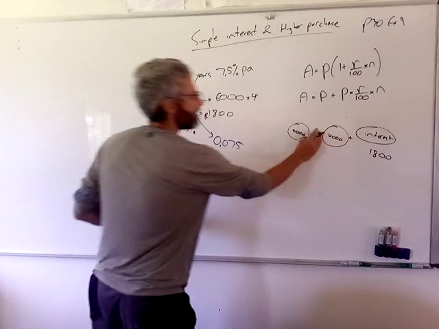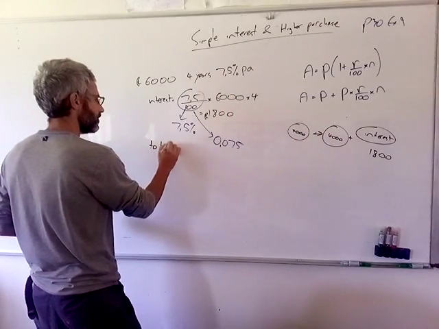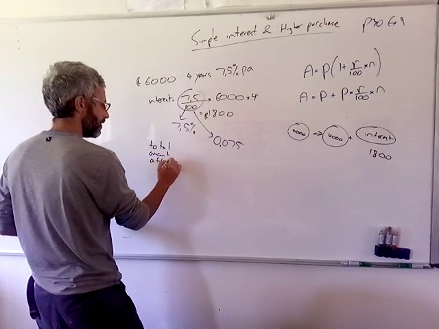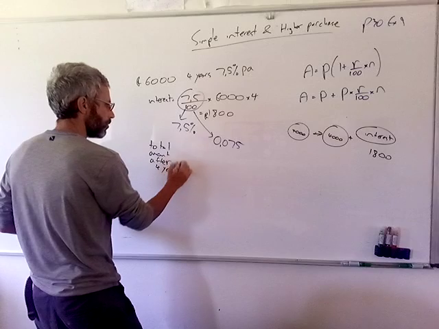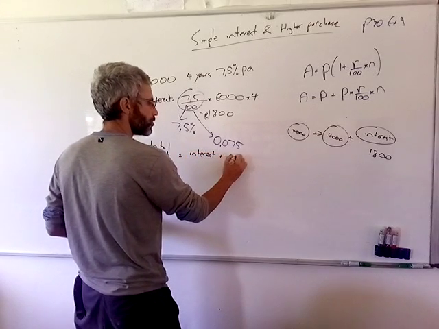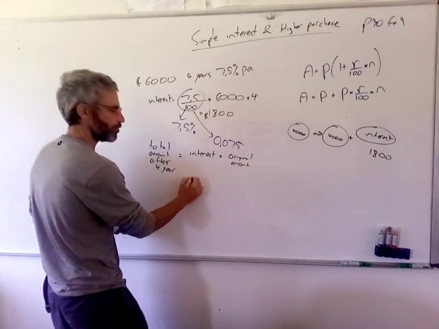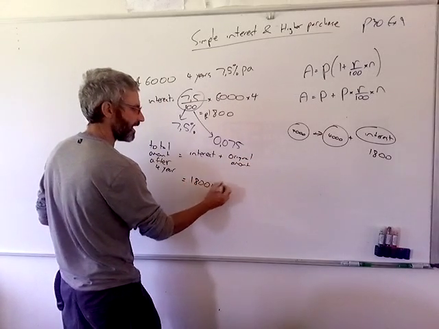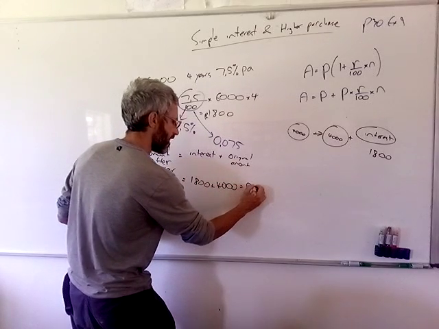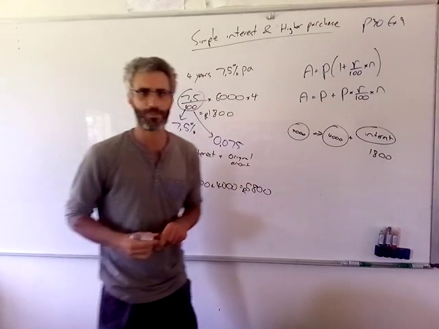Obviously, the total amount after 4 years will be your interest plus the original amount. So that will be equal to 1,800 plus the 4,000. So I'm going to get 5,800 rand. That's the total amount I'm going to end up with.